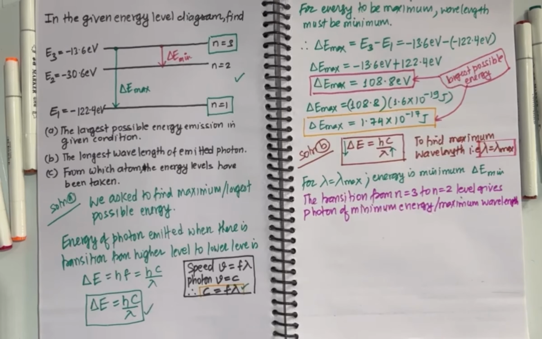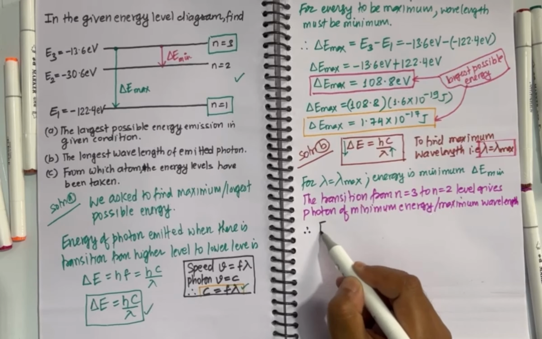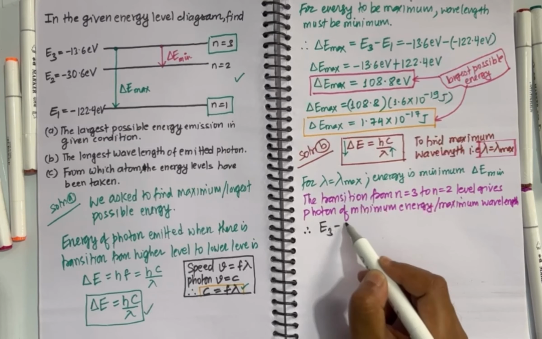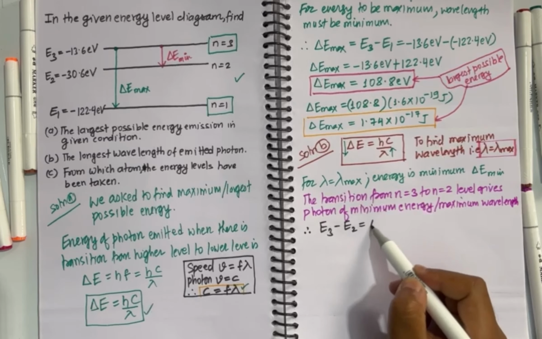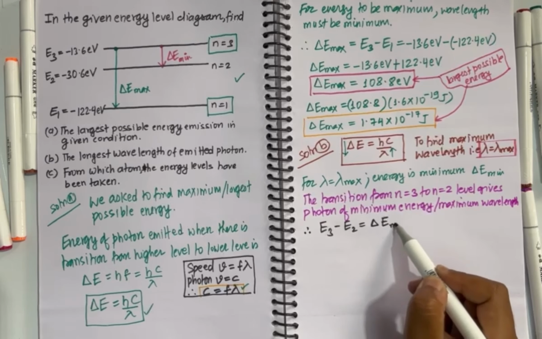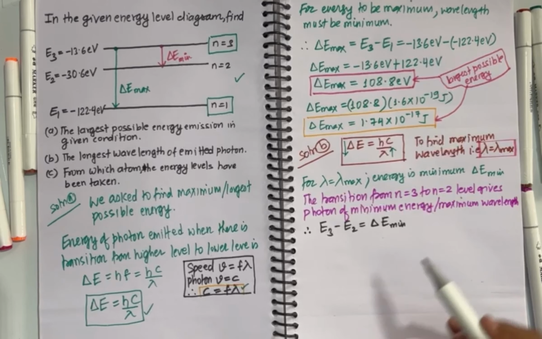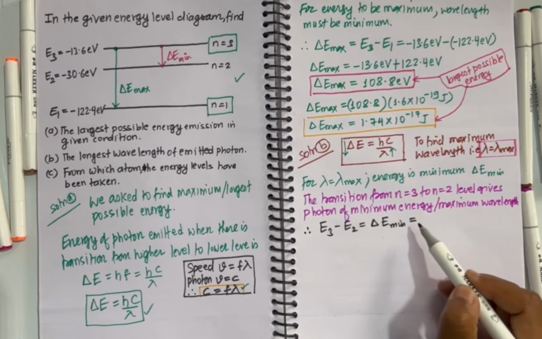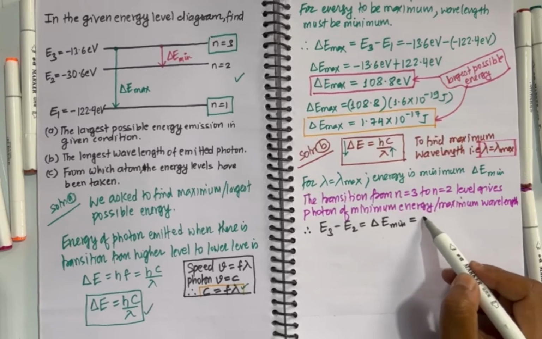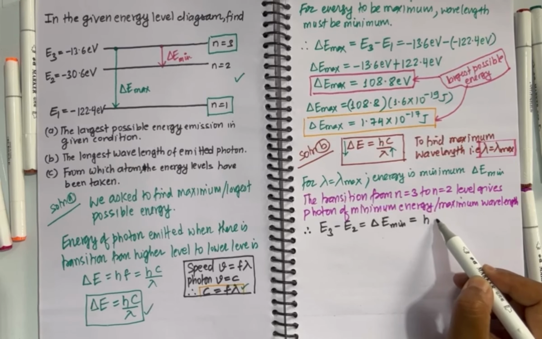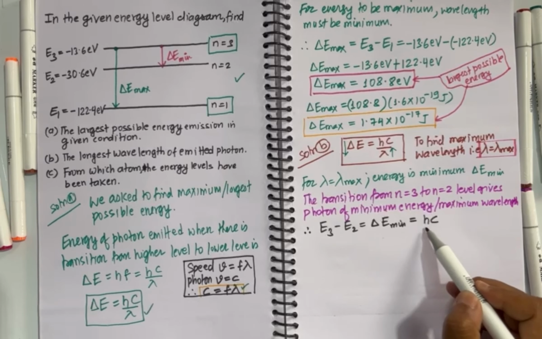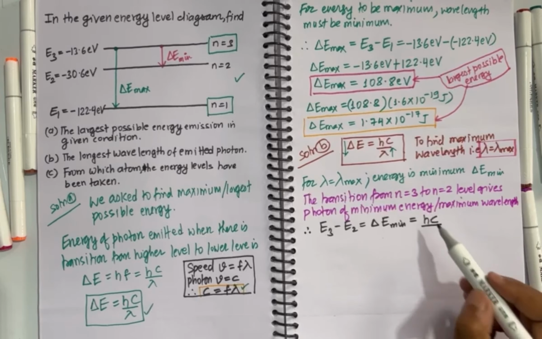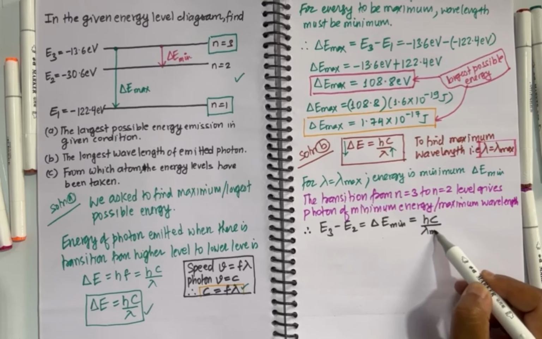Therefore we can write E3 minus E2. So this corresponds to the minimum energy, and this equals h, that is Planck's constant, times speed of light, divided by the maximum wavelength.